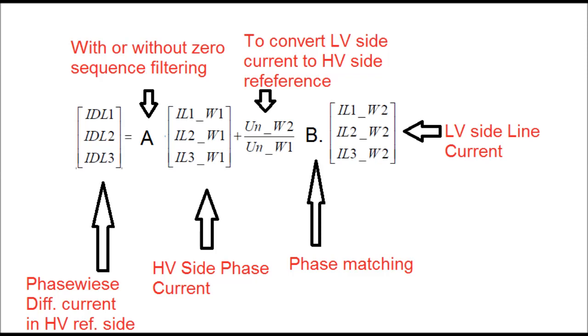Now the B matrix is so chosen that it will nullify the phase shifting due to the vector group of the LV side. And IL1 W2, IL2 W2, IL3 W2 are the LV side line currents. So now I will calculate the different values of the phase wise differential current one by one.